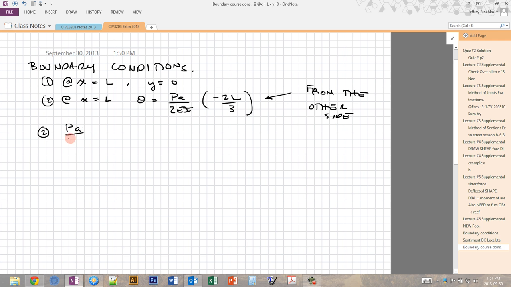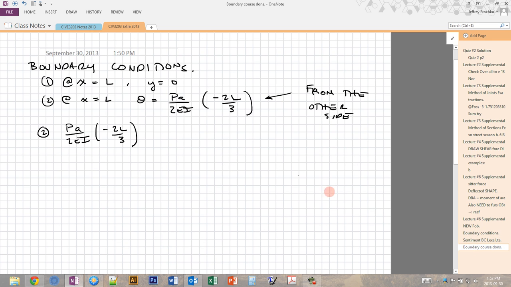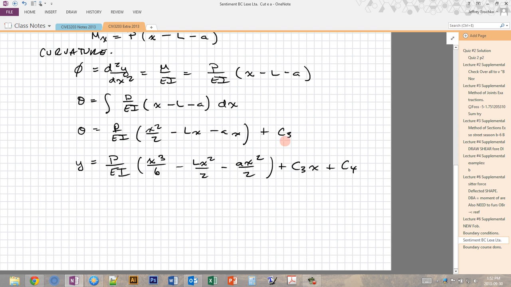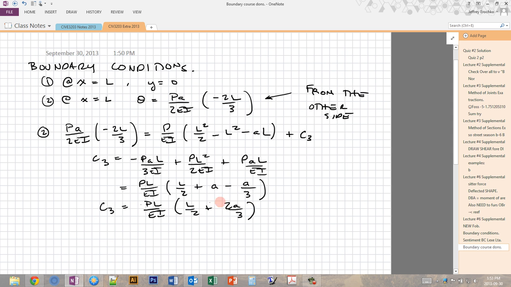So here's PA over 2EI negative 2L over 3. This is theta that I've subbed in from the other side, and I say equals. Now I'm going to put in our current value for theta, where x is equal to L. And we get this expression here, subbed in for L. Then I'm going to rearrange for C3. And I get this final expression after collecting the terms and refactoring it.